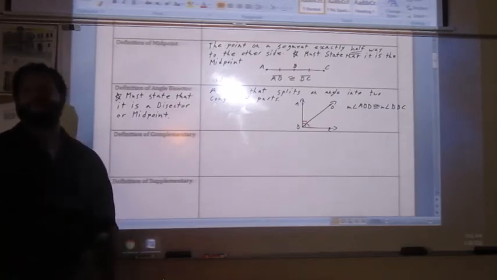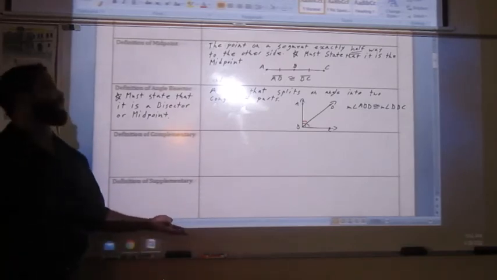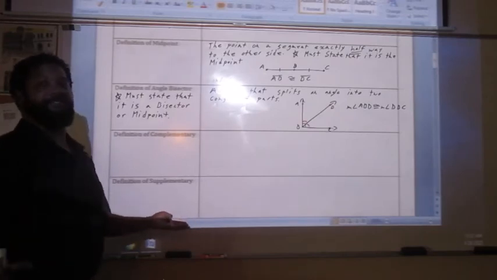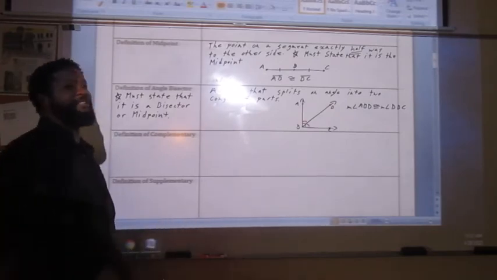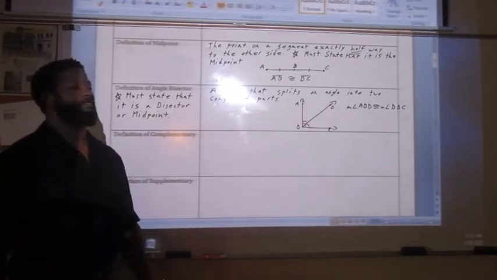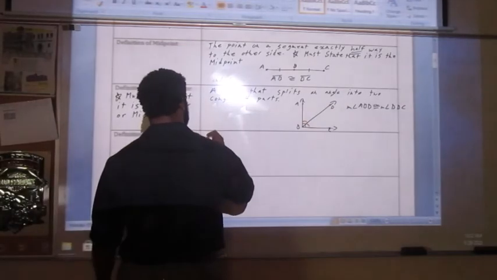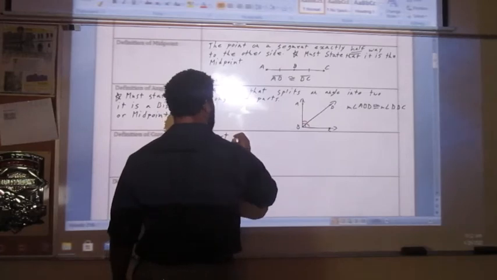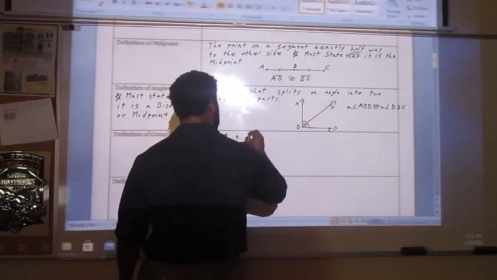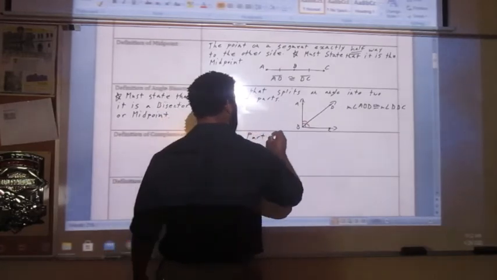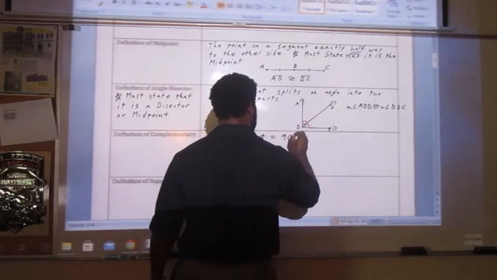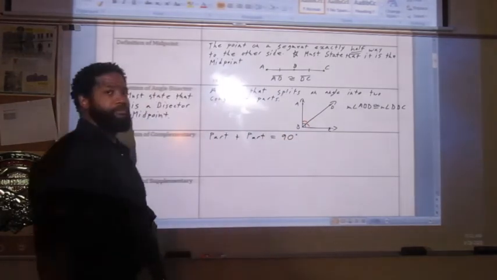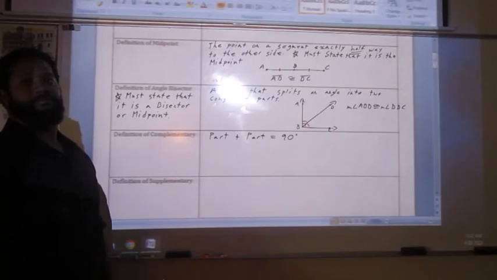Complementary. This one's segment addition for two angles. Part plus part equals how much? 90. Good job. Part plus part equals 90 degrees. Okay? Definition: two angles.